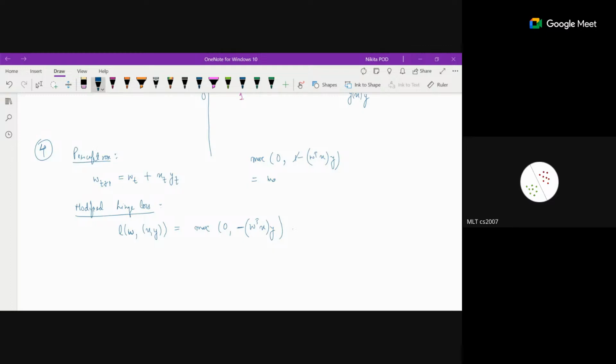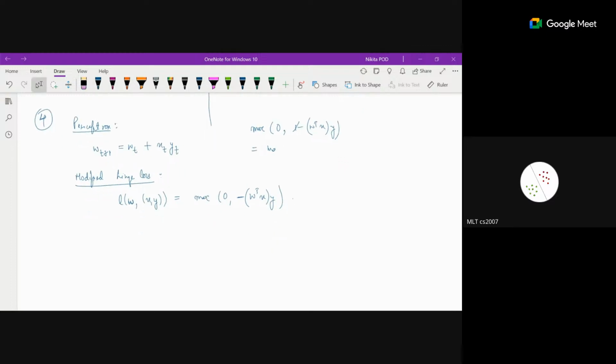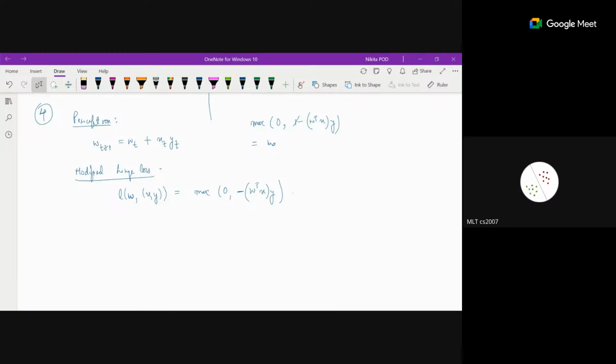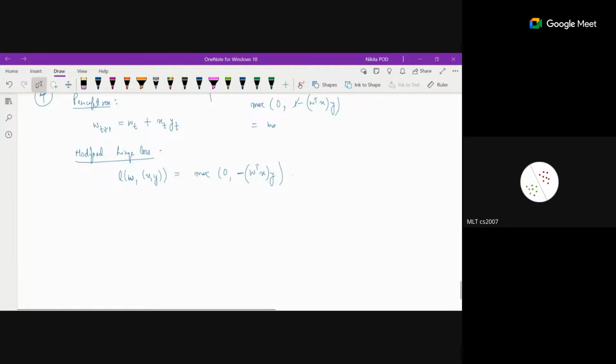Now when we take the derivative, when we try to see how this loss varies as we change our w, first let's see how this looks.